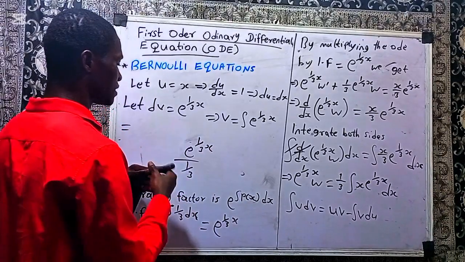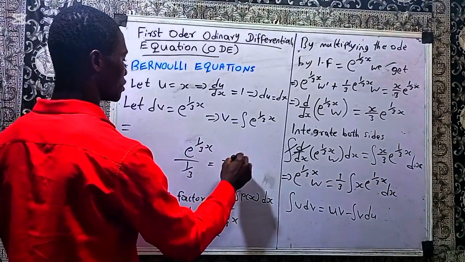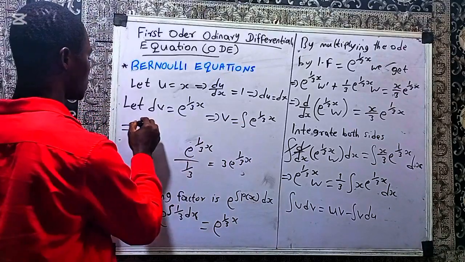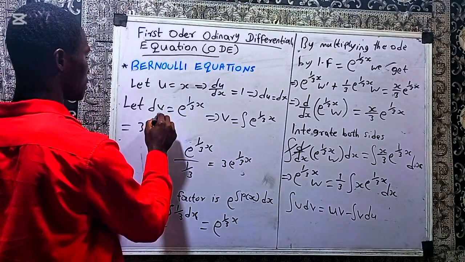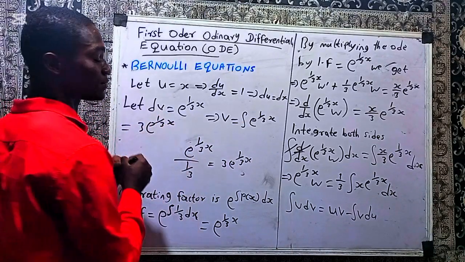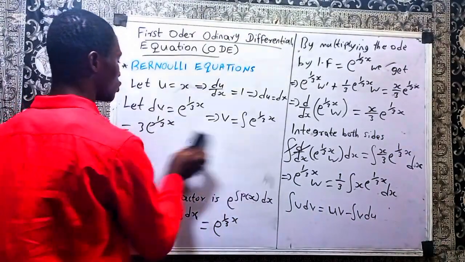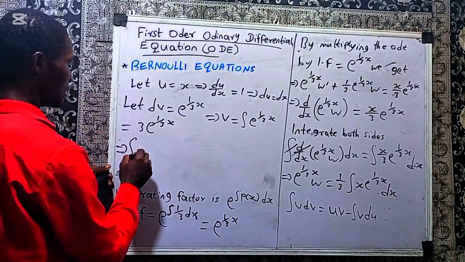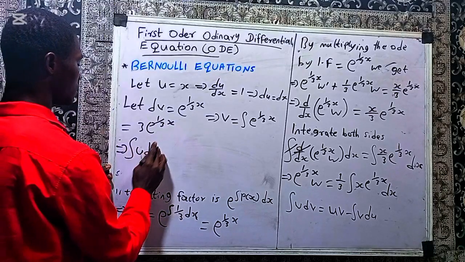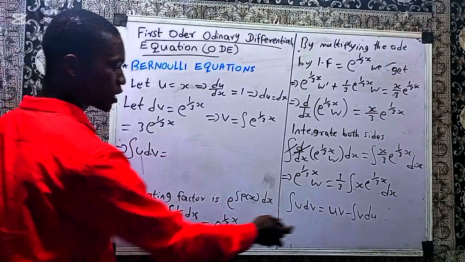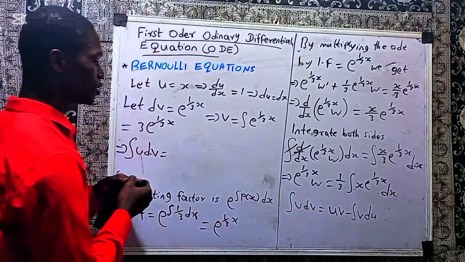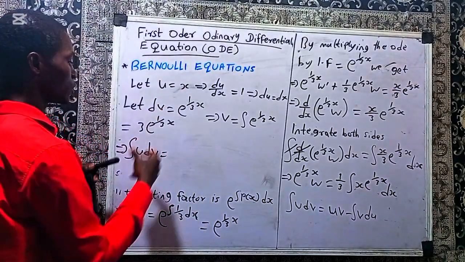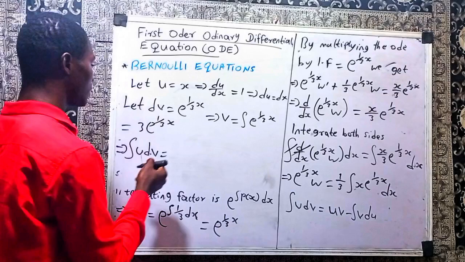So this is the same thing as 3 e to the power of 1/3 x. So that's the result. This will be equal to 3 e to the power of 1/3 x. That's my v. So I will quickly use this formula. This implies that the integral of u dv will be equal to uv, the product of u and v. u is x and v is 3 e to the power of 1/3 x.